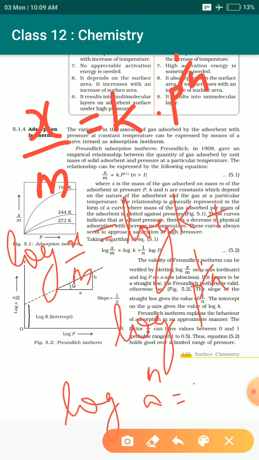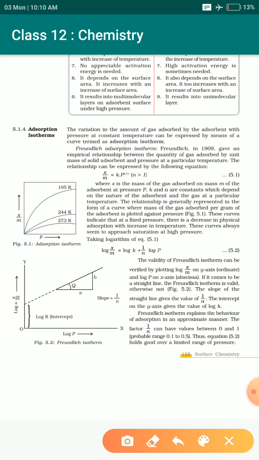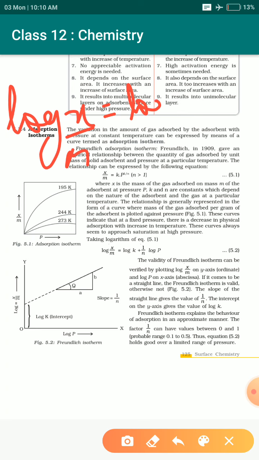You will write it as m log a, or however formula you had studied. Means you have to put this power down. So you can write this formula as log x by m equals log k plus 1 by n log p.